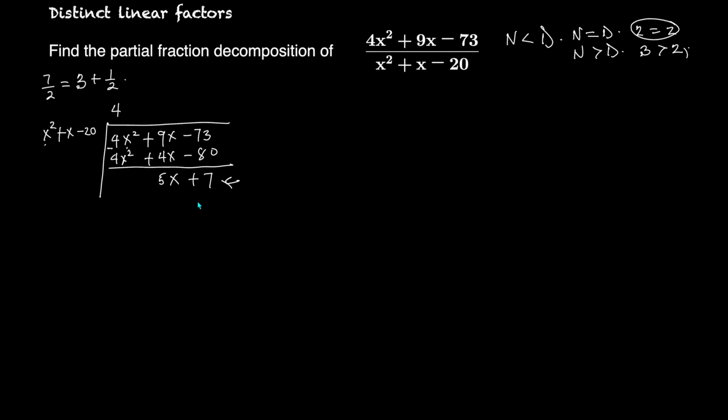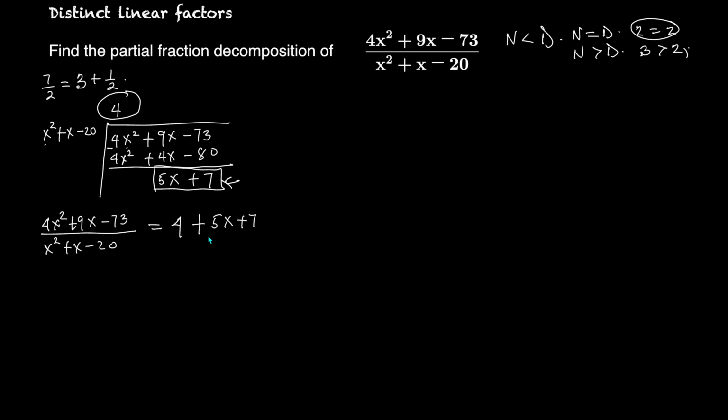So we'll have to stop here until we have the 4x squared plus 9x minus 73 divided by x squared plus x minus 20 written as 4, which is the whole number, plus the remainder after you must have divided it by this.